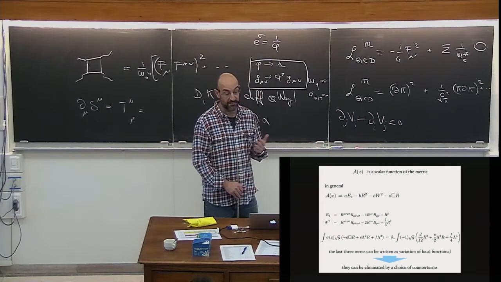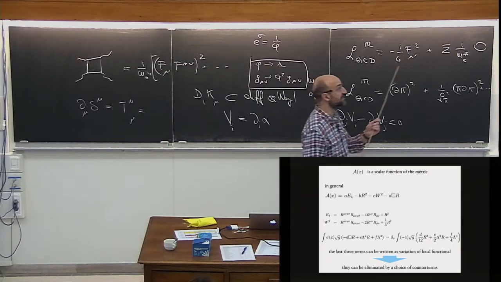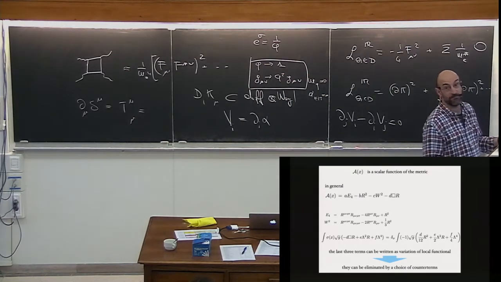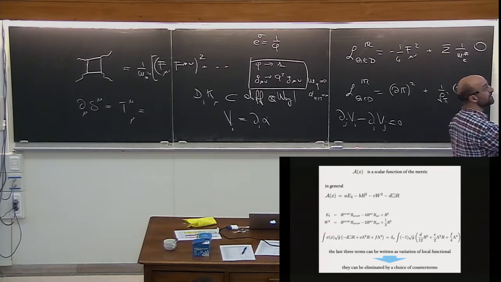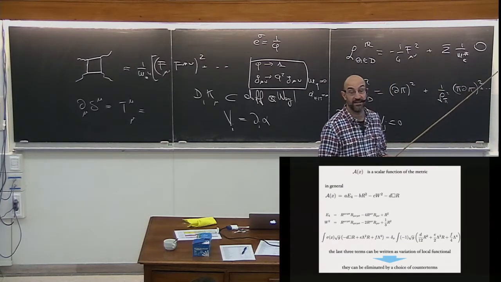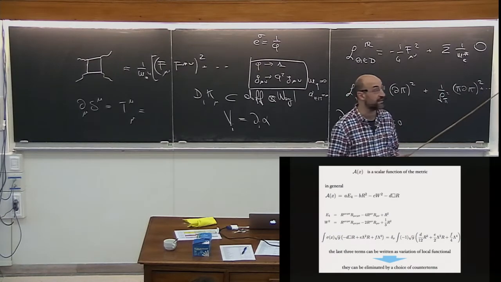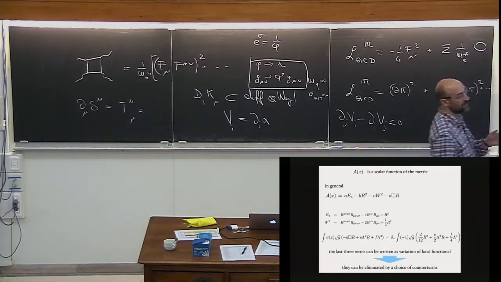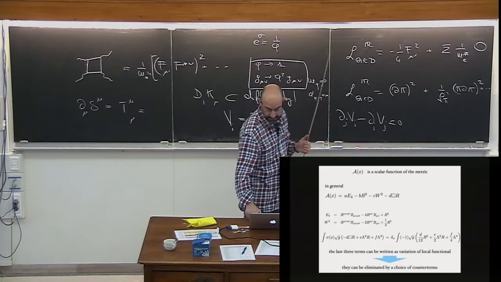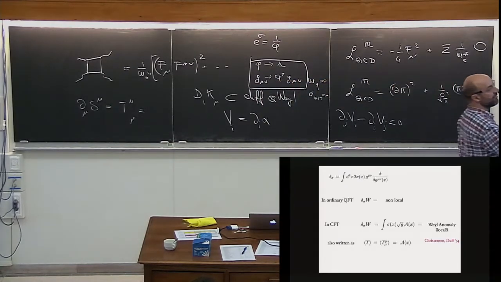Logarithmic divergences give you counterterms that have the dimensionality of your space, and in this case the anomaly will have precisely that property. So the most general form of the anomaly is an object that satisfies all the possible symmetries, that is to say, in this case, diff invariance. Remember, the anomaly is a functional. The variation is an integral of something.